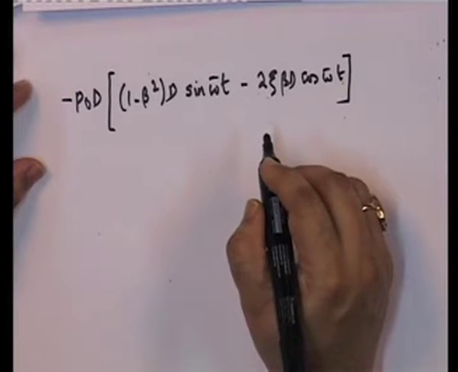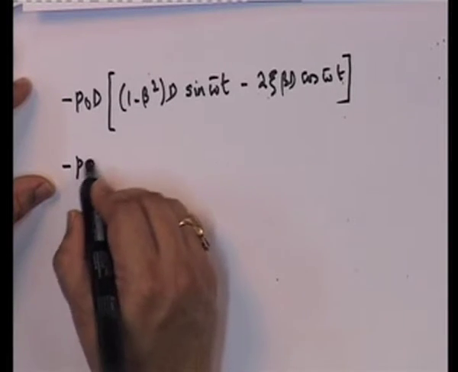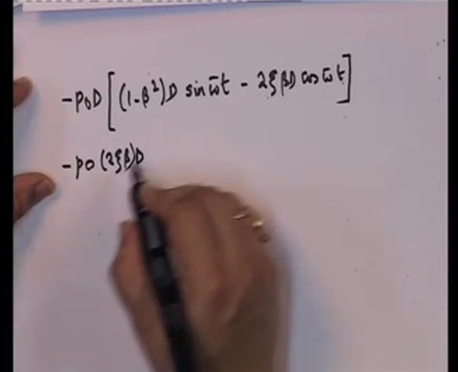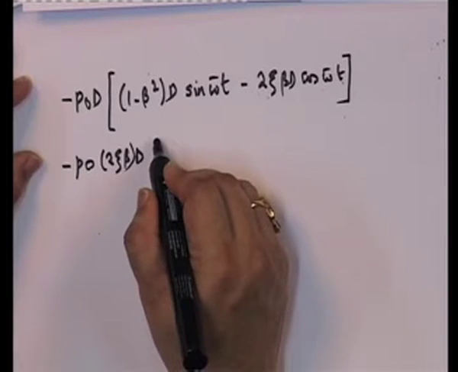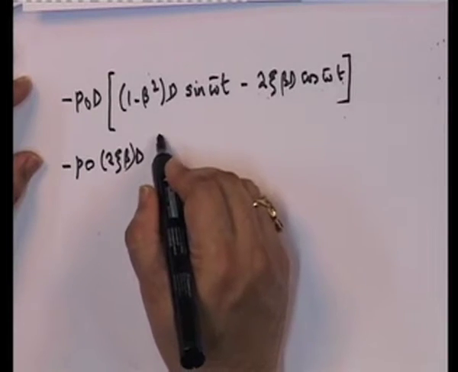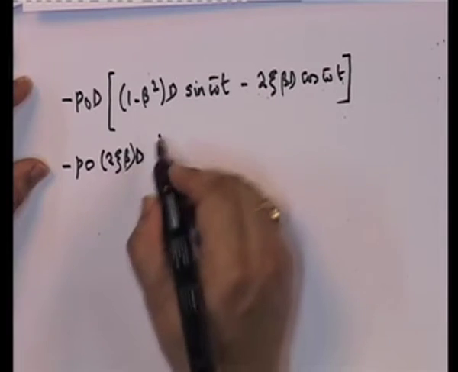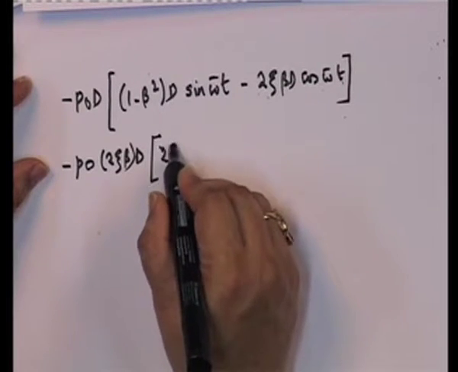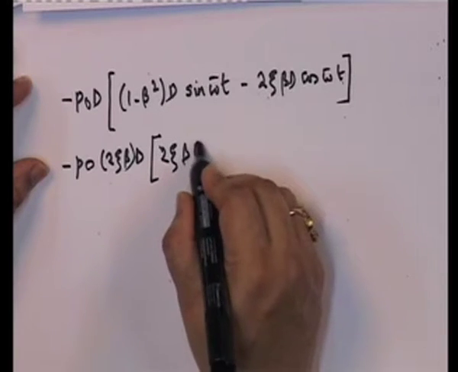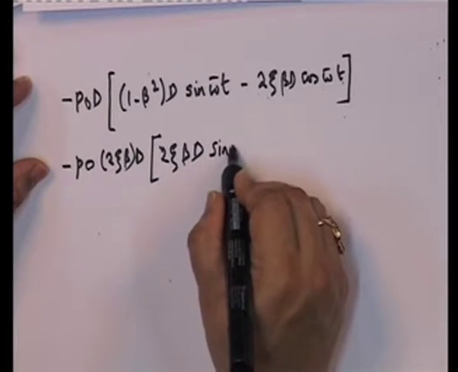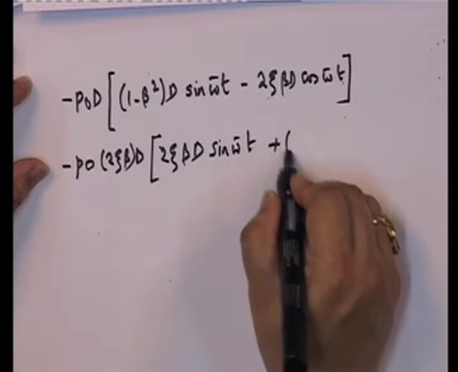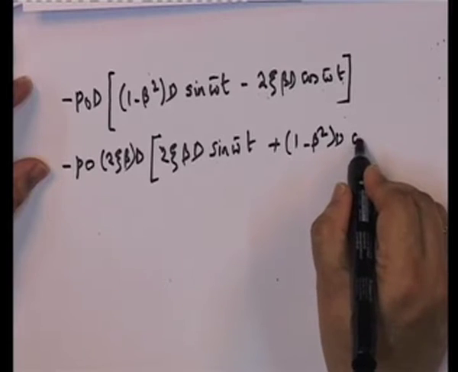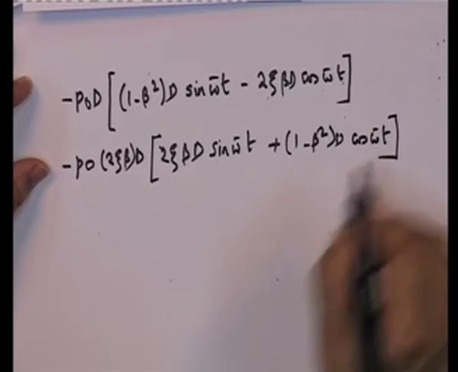So, that is the first one. Then the next one is P naught into 2 xi beta d into cosine omega bar t minus theta, which from here turns out to be equal to 2 xi beta d sine omega bar t plus 1 minus beta squared d into cosine omega bar t.